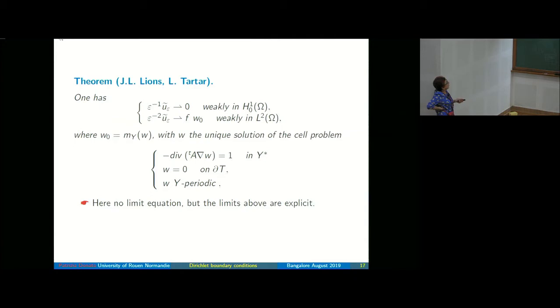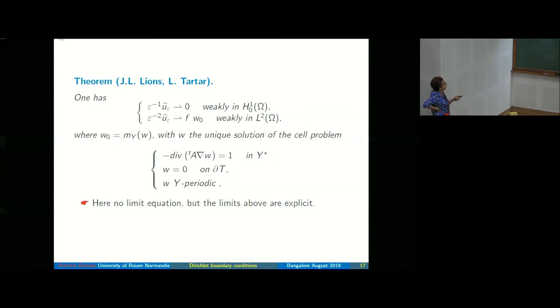So actually, u tilde epsilon is of order epsilon in H10 and of order epsilon squared in L2. So what happens is that epsilon u tilde epsilon goes weakly to 0 in H10 of omega.